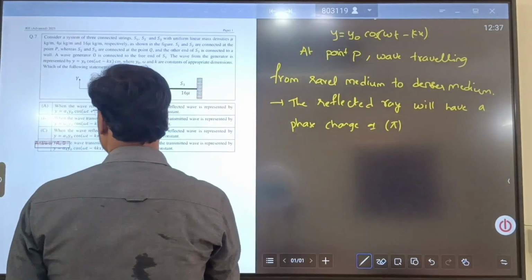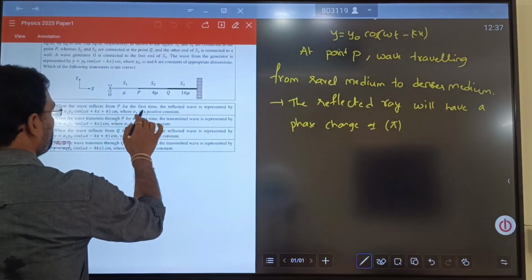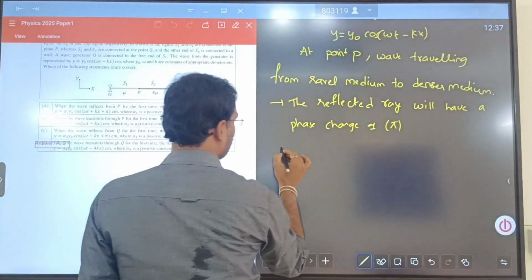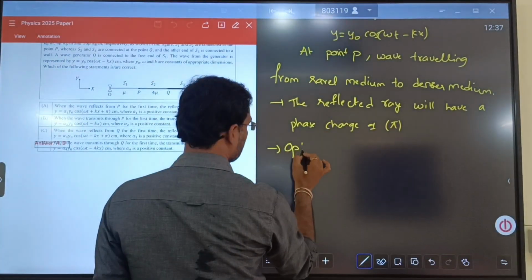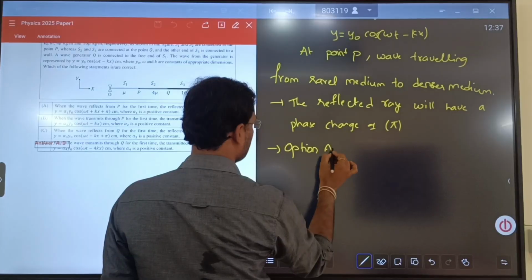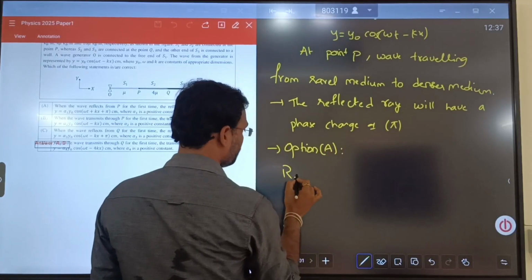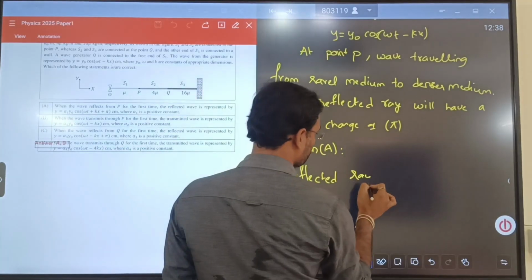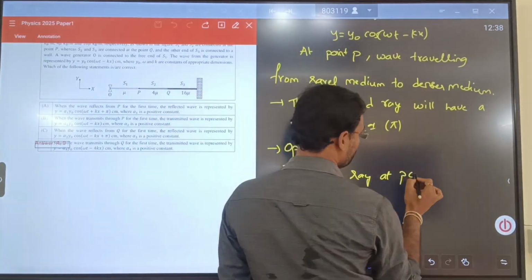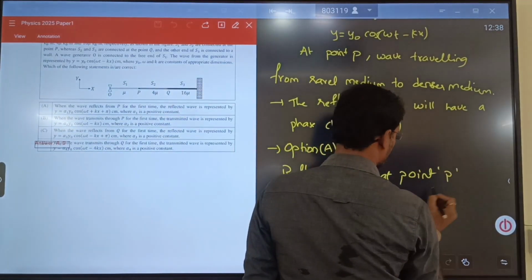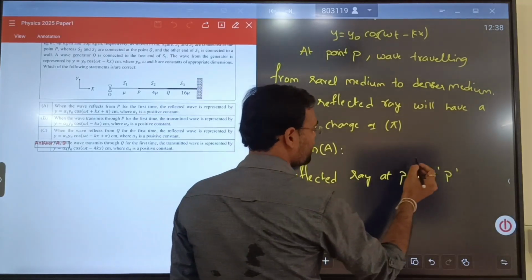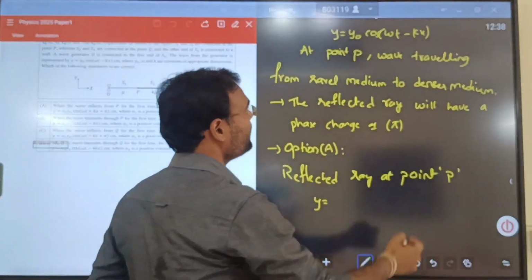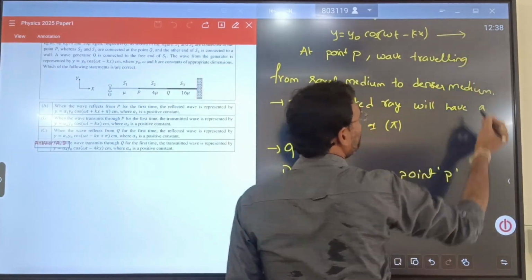The first sentence is when the wave reflects from point P for the first time, the reflected wave is represented by option A. Let us see option A. See beta, omega t minus kx means the wave is traveling in the rightward direction.